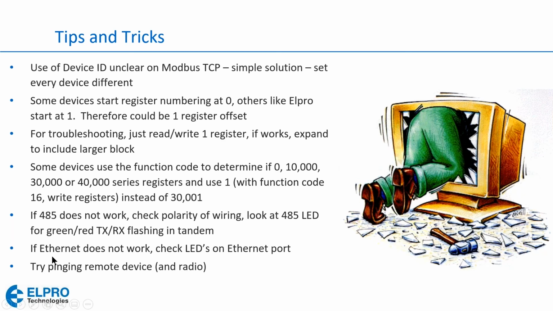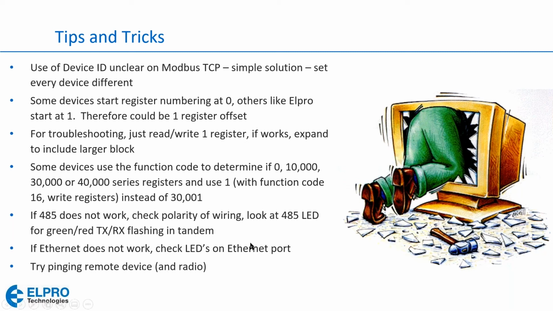Okay. If the Ethernet does not work and you're using Modbus TCP, check the LEDs on the Ethernet port of your device. There are these amber and green LEDs on the RJ-45 jack of a computer, and they should be on when they are connected to another device, or on or flashing or something of that sort, but they both should not be off.